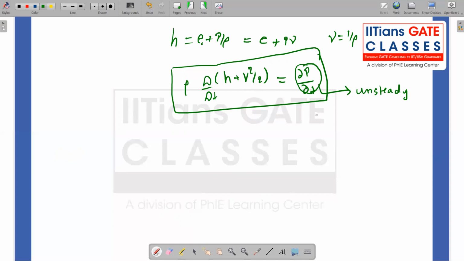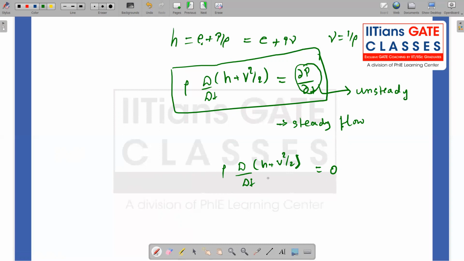So if I take an assumption of steady flow, then this temporal derivative vanishes. That gives me rho times d by dt of (H plus V square by 2) is equal to 0. Now you see a differentiation of something which is yielding 0.